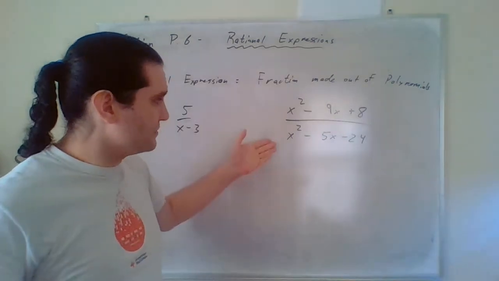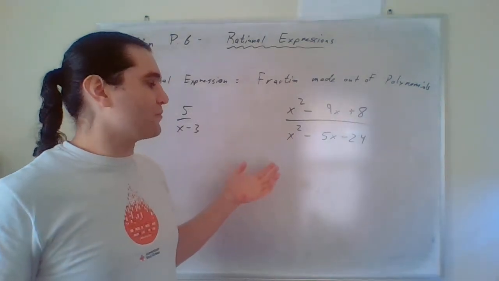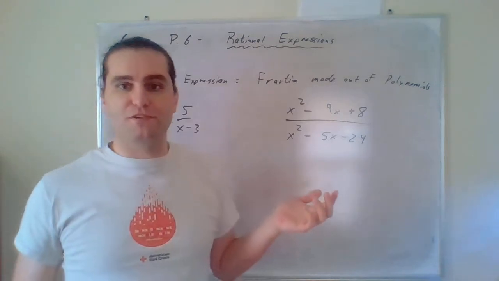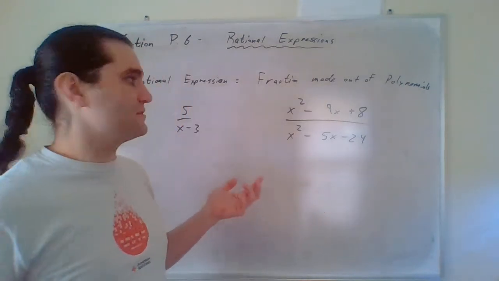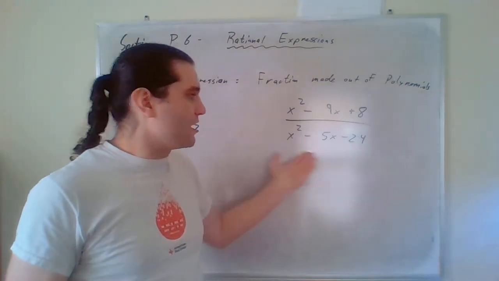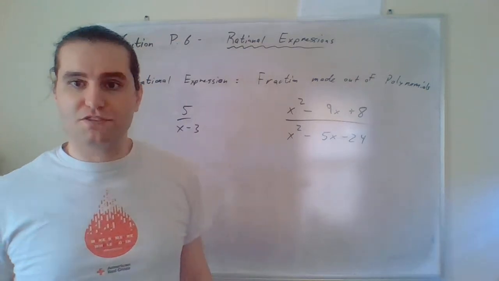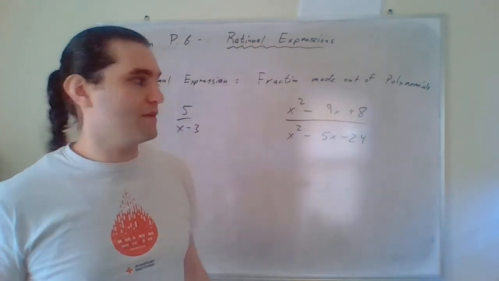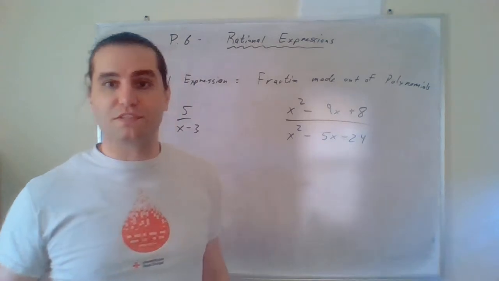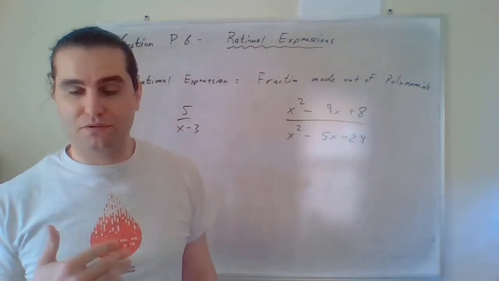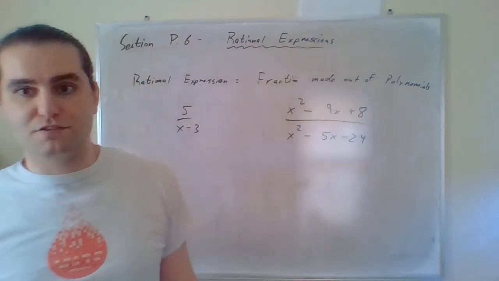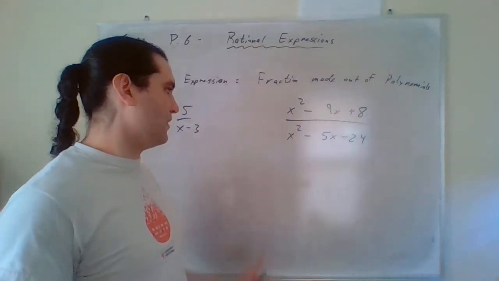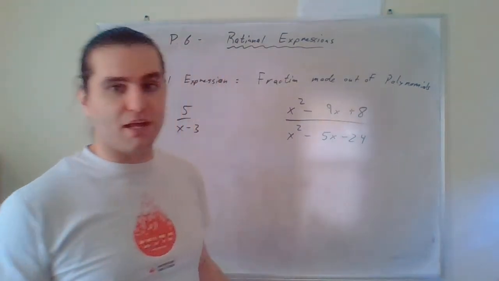We're going to get some rational expressions like this, and we're going to need to determine what the domain restrictions are. Because there's variables in the denominator here, there's going to be certain x values that make the whole denominator equal to 0, and those x values are not allowed. So some of the questions we're going to encounter on the homework are going to be about how to make the denominator not 0.